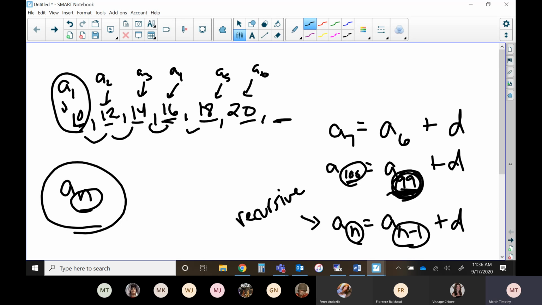We're going to talk, hold on, you're right with me. Here's the problem with the recursive. I'm at A6 here, right? Do I want to just keep adding 2 and adding 2 and adding 2 and adding 2? Because the problem with recursive is you have to know the term in front of it to find the term you want.